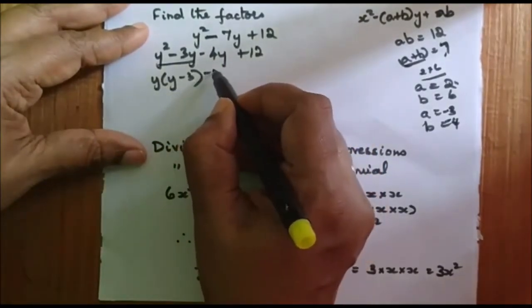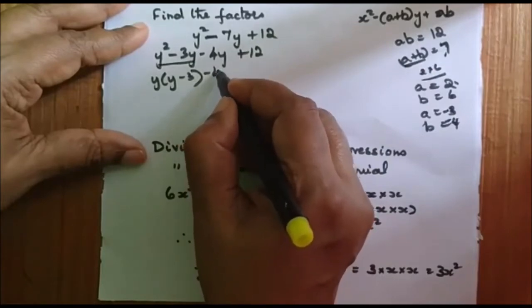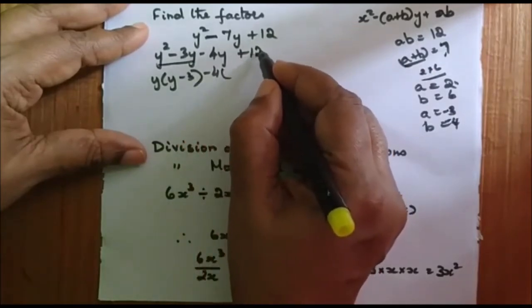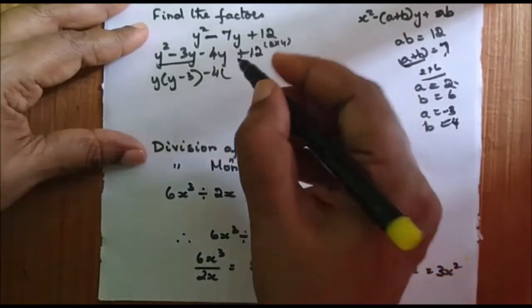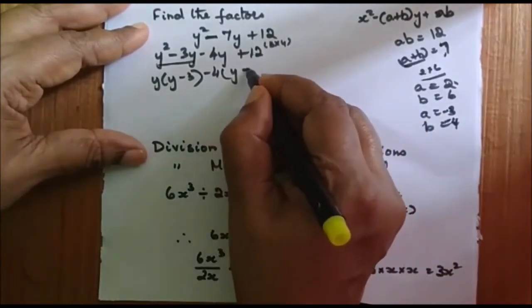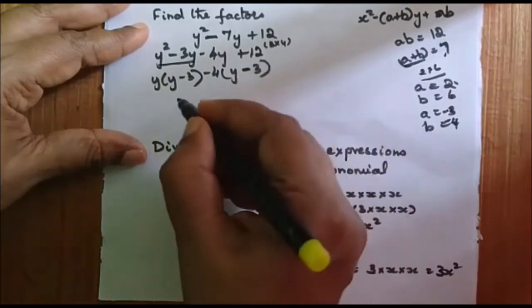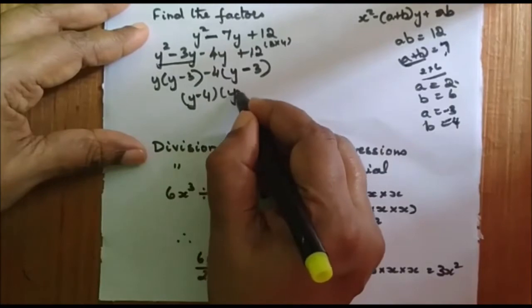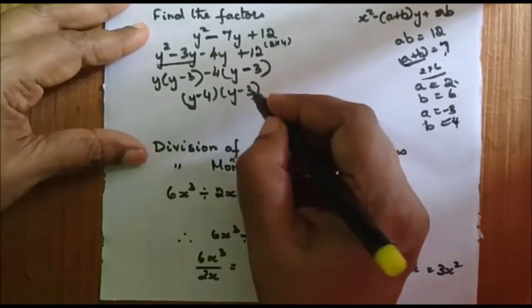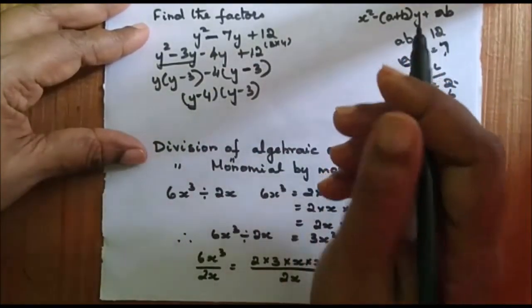From this I will take minus 4 outside, because 12 is nothing but 3 into 4. So it's nothing but y minus 3. Okay. So this can be written as (y minus 4) into (y minus 3). So this is how we factorize this equation.